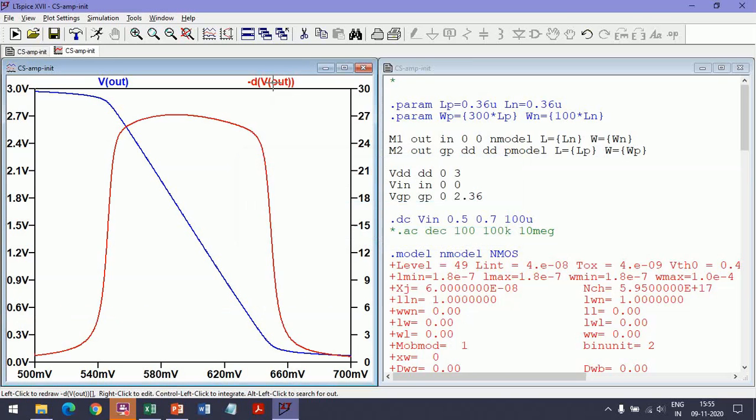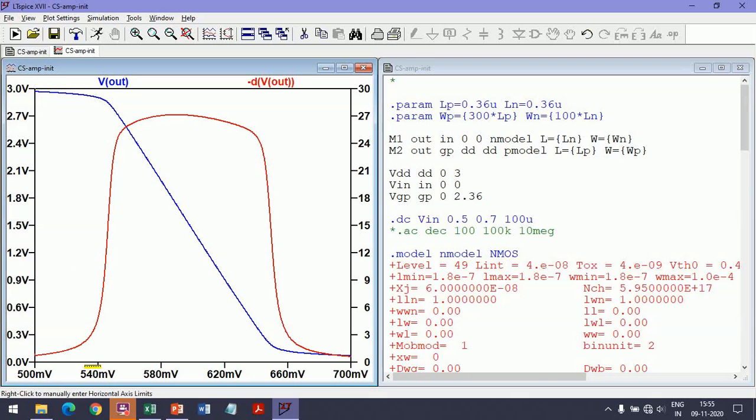Okay. So this is the output voltage. The blue is the so-called transfer characteristic, which is the output voltage versus the input voltage. As we can see, for very low input gate voltages at the NMOS, the output is near 3 volts, because the NMOS current is very small and the PMOS saturation current is large, so the PMOS goes into triode.